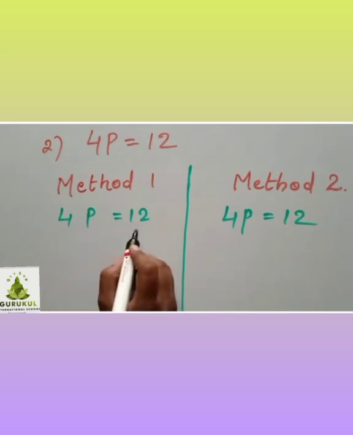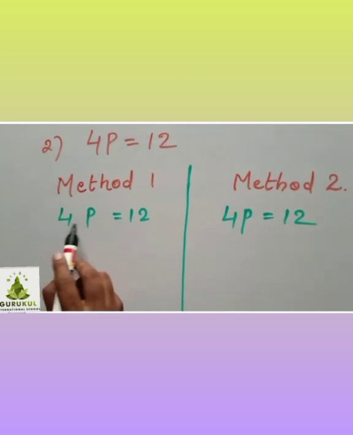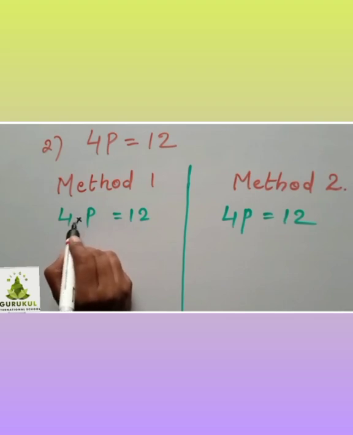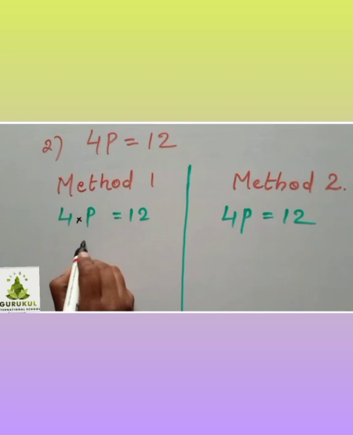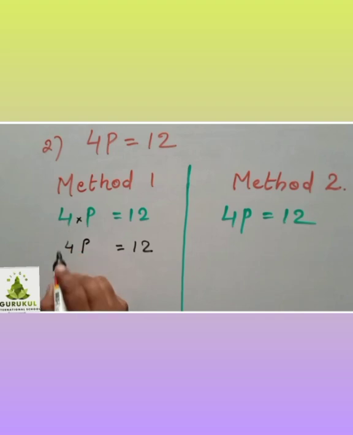Now 4p equals 12 is given to you. Here 4p means 4 into p. I want only the variable p here. I want to find the value of p only. So what should I do? I should remove this 4. Now the opposite of multiplication is division. This is method 1 I am explaining. The 4 is in multiplication, its opposite is division.